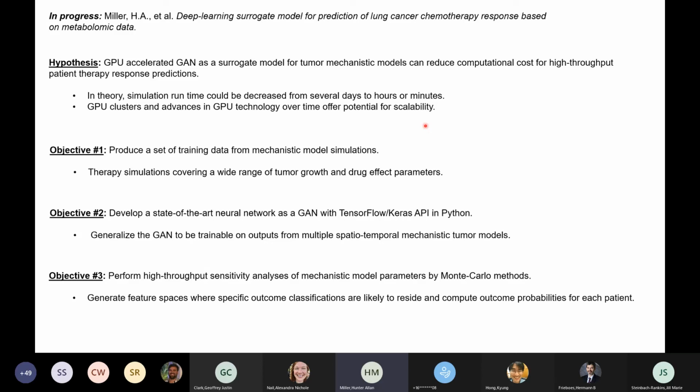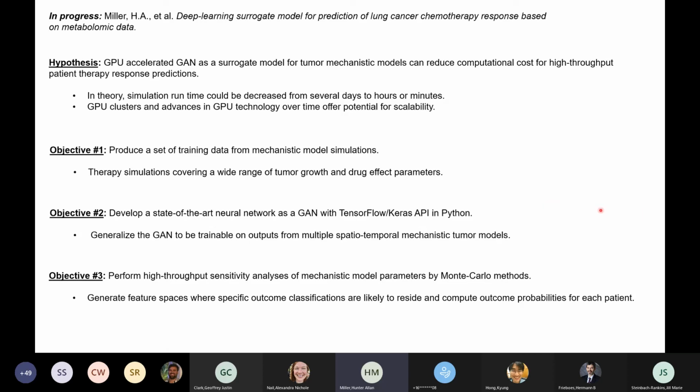So by utilizing a surrogate model, we would be able to take advantage of the TensorFlow package and the Keras API. In theory, the simulation runtime could be decreased from several days to only hours or minutes, and GPU clusters and advances in GPU technology over time offer the potential for scalability.